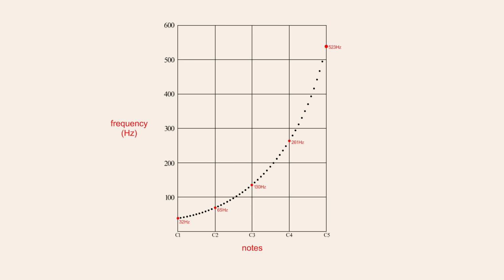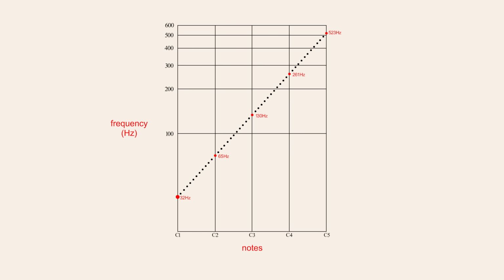However, if we use a logarithmic scale for the frequency, the graph becomes a straight line with the notes equally spaced, like the notes on a musical keyboard. This type of graph is called a semilog graph, since the vertical scale is logarithmic and the horizontal scale is linear.